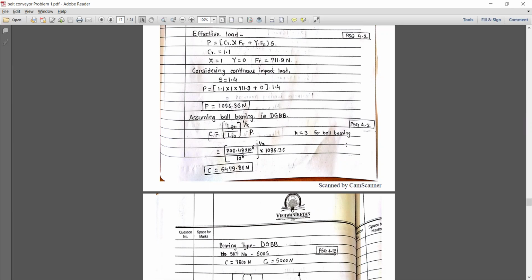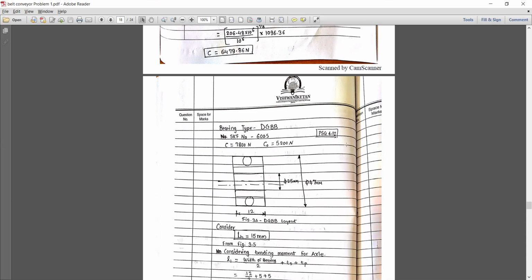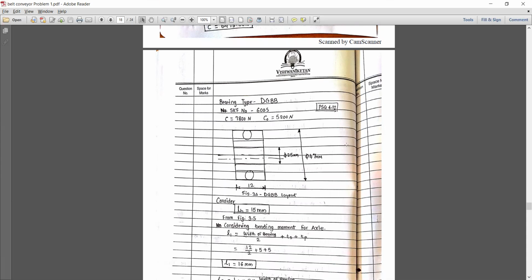Putting all the values, we get P is equal to 1096.36 Newton. Here we are assuming a deep groove ball bearing. Referring to page number 4.2, C is equal to L90 by L10 raised to 1 by K into P. Putting all the values, we get C is equal to 6,479.83 Newton.